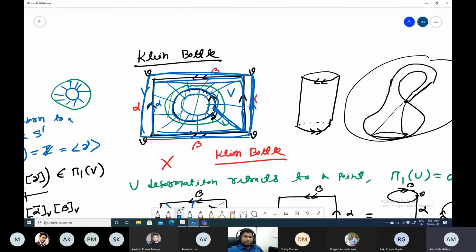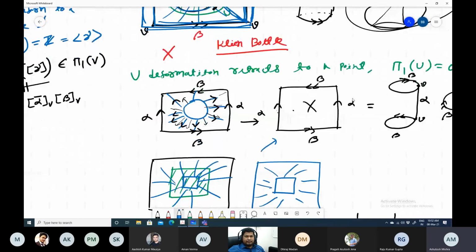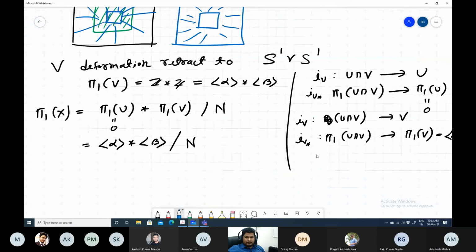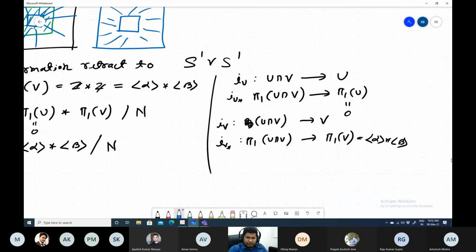Yes, I'm asking, we can start from any vertex. Right, you can start from any vertex, because we know that since all of these are path connected, it is base point independent. So any loop does not depend on the base point. Okay, so this is 0.